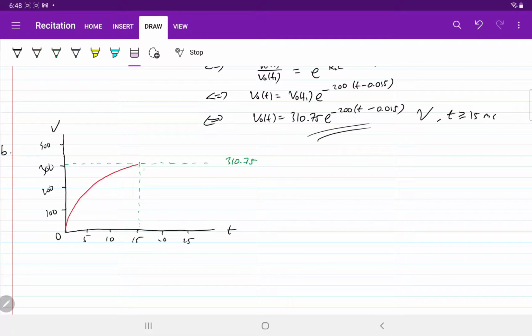So we will have this, maybe not that sharp. Something like that. So this is the plot.